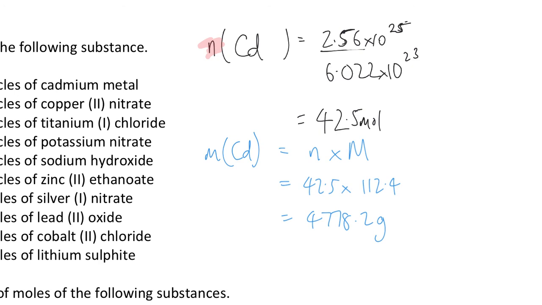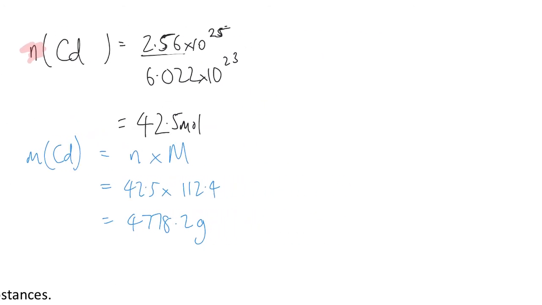You work out the number of moles by the following formula, where n of the substance is equal to the number of particles over Avogadro's number.